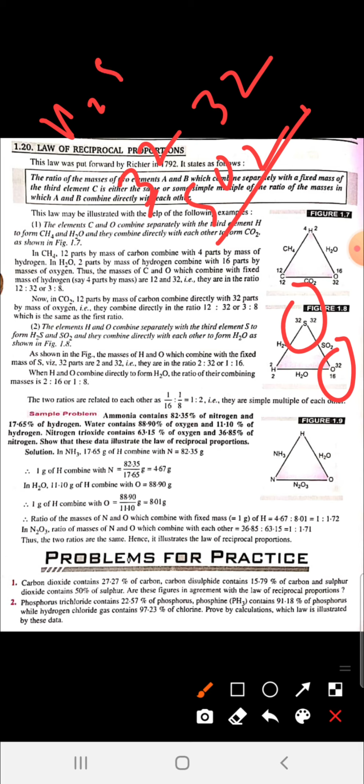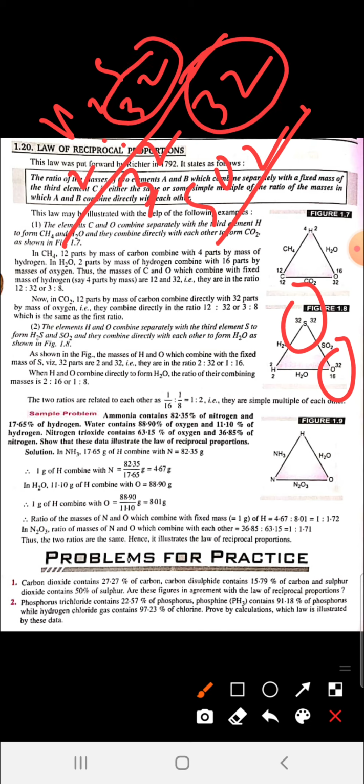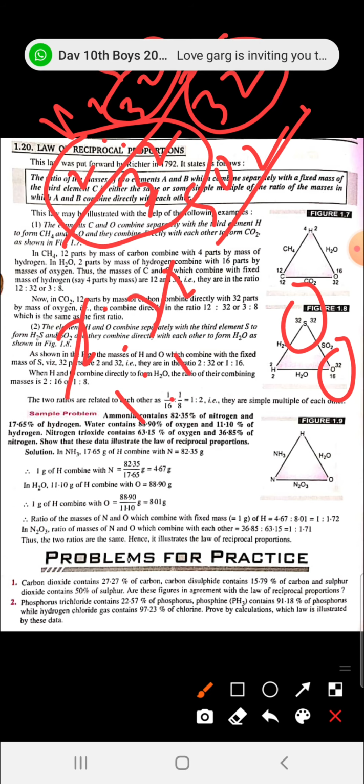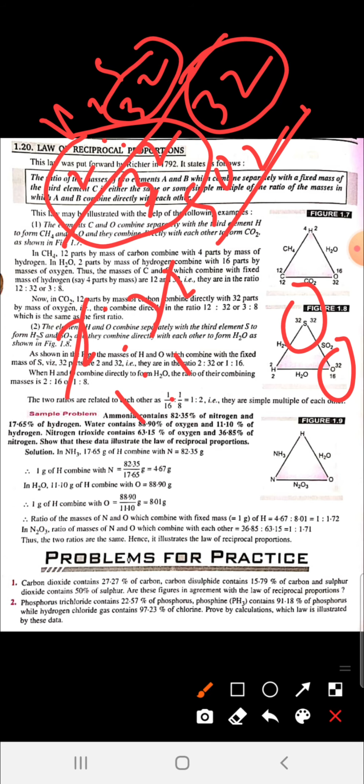In H2S, hydrogen has 2 parts and sulfur has 32 parts. So in both compounds, sulfur has 32 parts, which means they have the same mass. So the ratio of the masses of the other elements, 2:32, is 1:16.